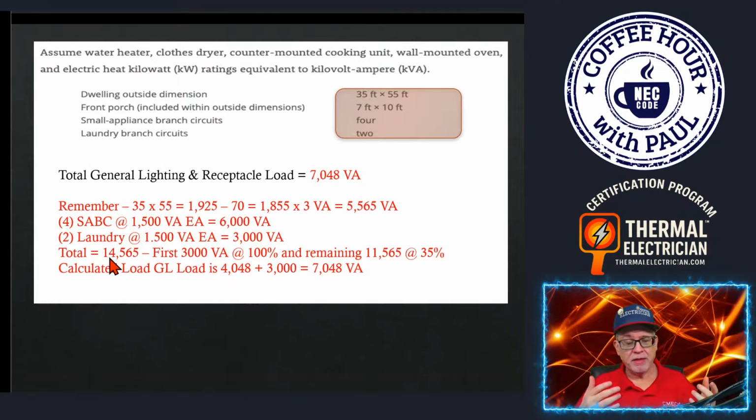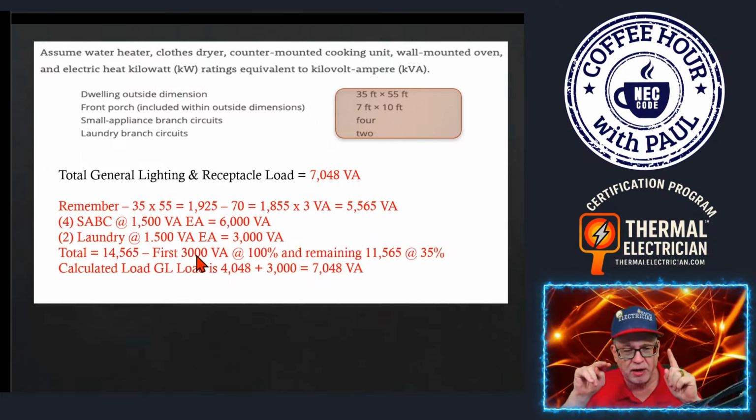So now, guess what? In the standard method, we're allowed to apply some demand factors. Well, guess what? When we're doing the neutral, we still apply those same demand factors, right? What's good for the goose is good for the gander, we like to say. So that 14,565, we take the first 3,000 at 100%. Remember, we're doing the standard method now for the neutral. The first 3,000 at 100%, and the remaining 11,565 at 35%.